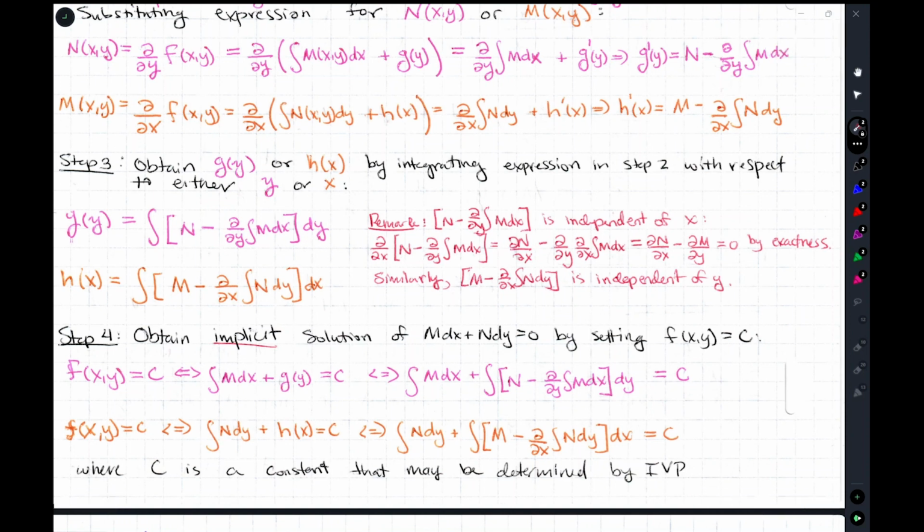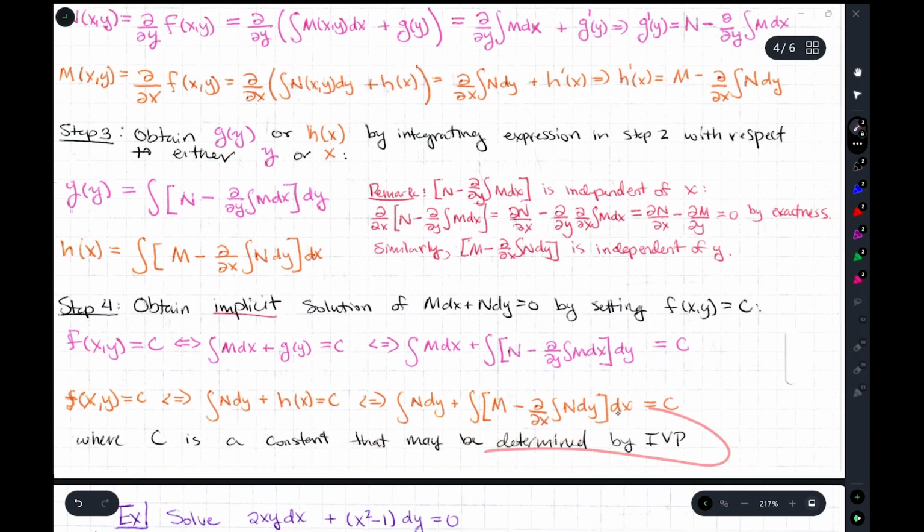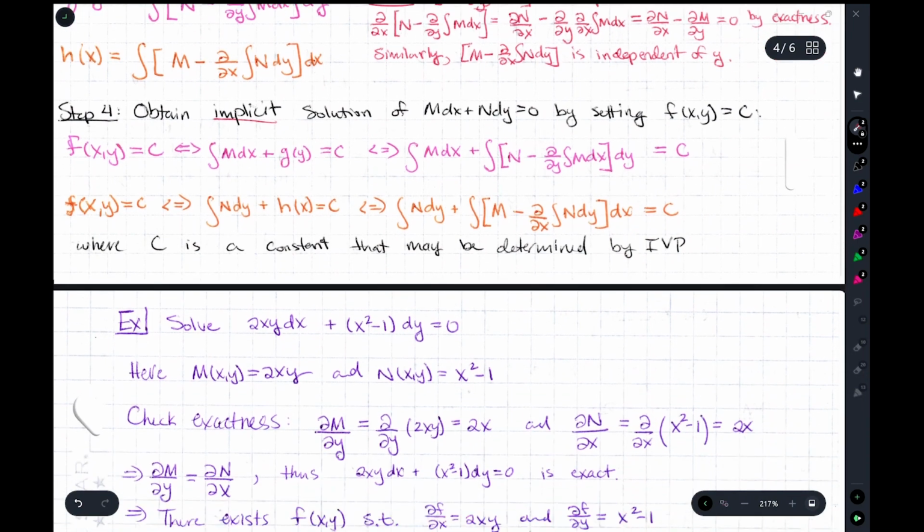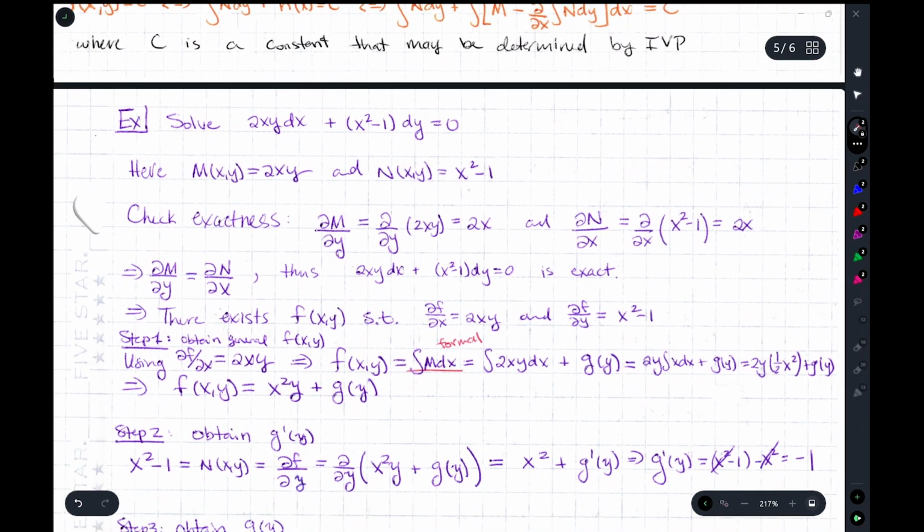That's why we tested for exactness, as we discussed before, where c is a constant that may be determined by an initial value problem. Sometimes you're just asked to find solutions more generally, and other times you have an IVP, and you could fix c by the initial conditions.